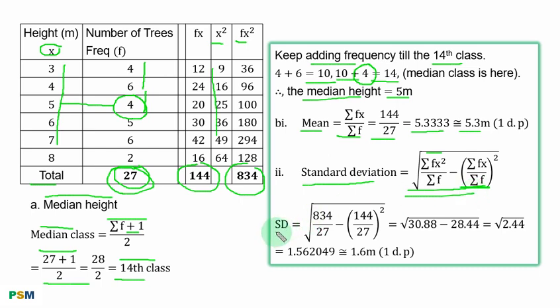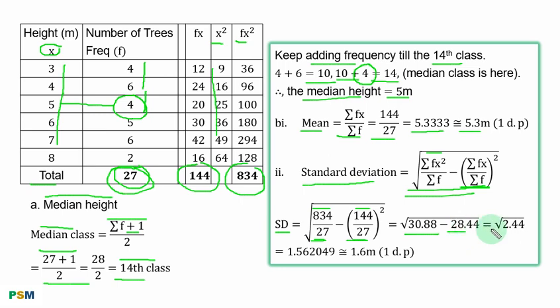Therefore, SD is equal to the square root of summation fs square over summation f, minus summation fs over summation f, all square. If you divide this fraction, you have this result. Divide this fraction and square it, you have 28.44.